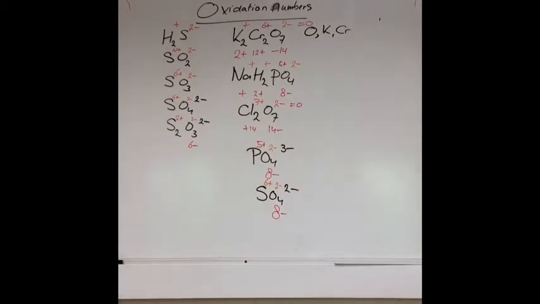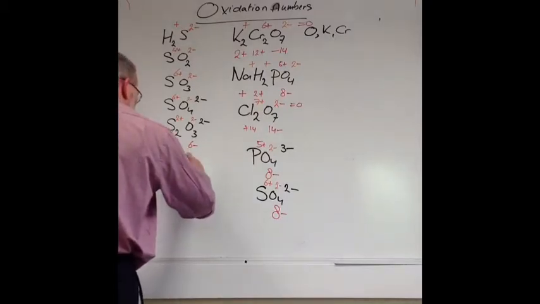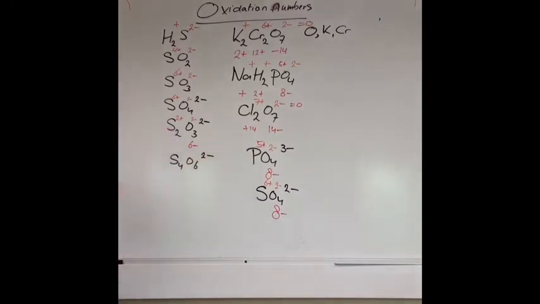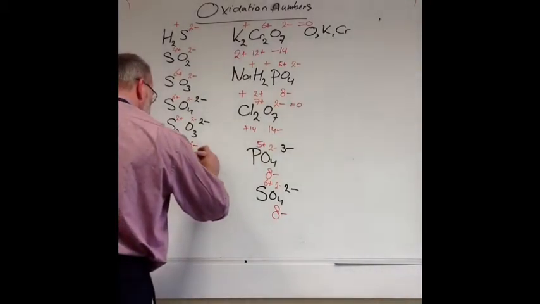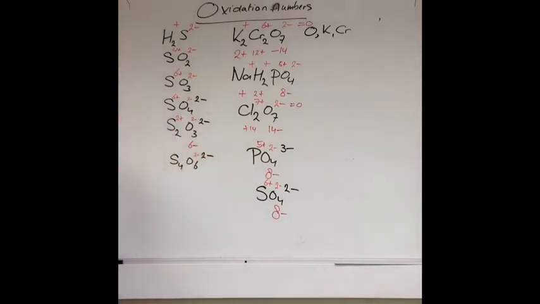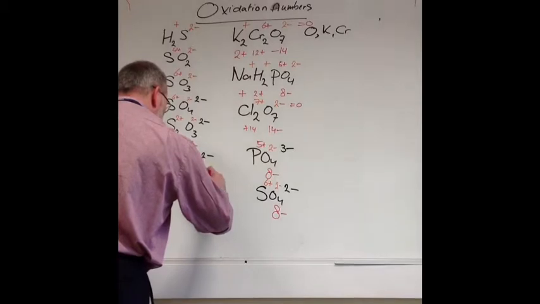Now an interesting one with sulfur, because it's a good example. S4O6 2 minus. Oxygen again is 2 minus. We got 6 of them, so that is 12 minus.